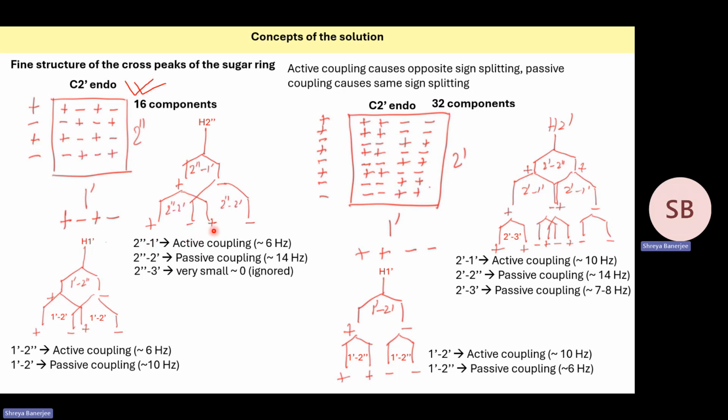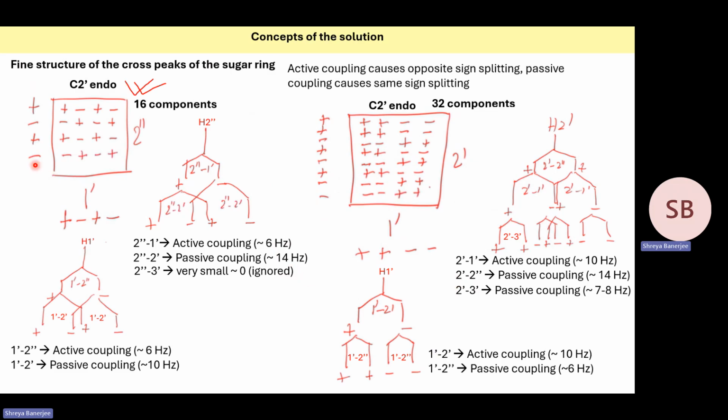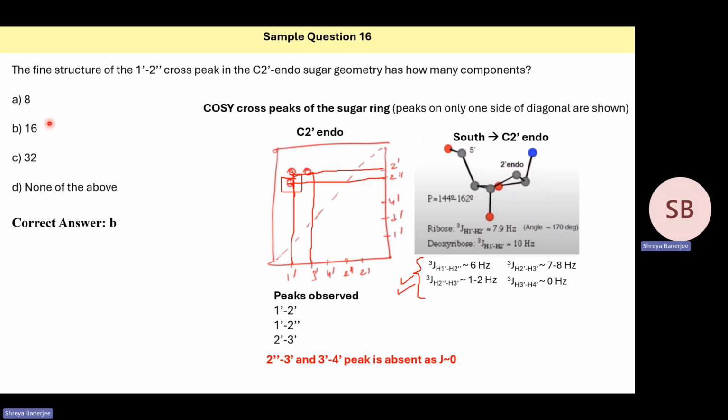There is another splitting of 2'' with 3', but that is very small, only 1 to 2 Hertz, not observable, so it is ignored. So you have 4 components on either side, and 4 into 4 gives you 16 components. So the correct answer is B, that is 16.